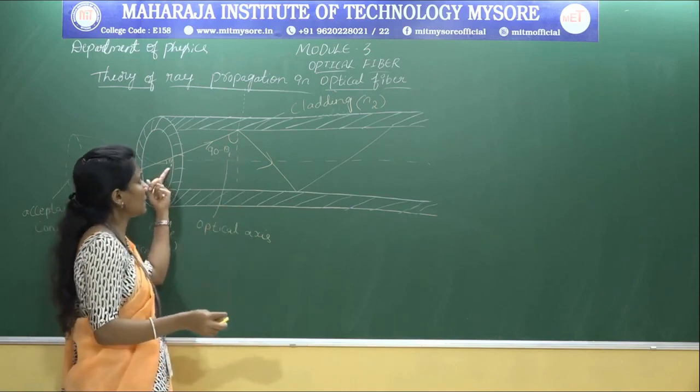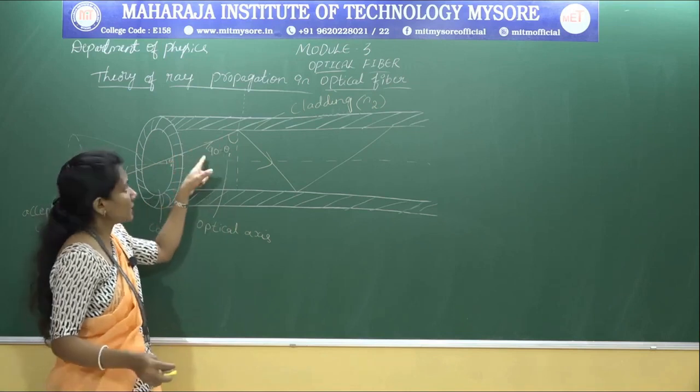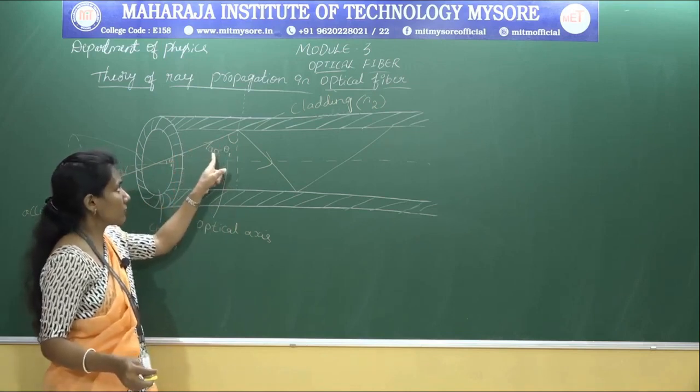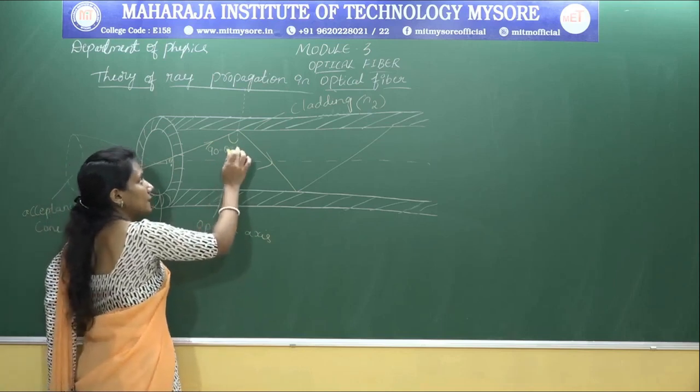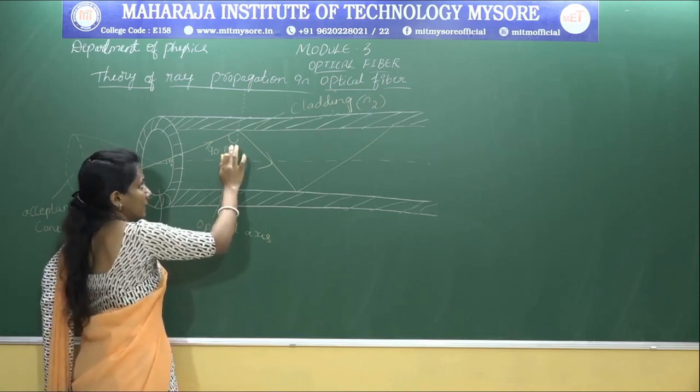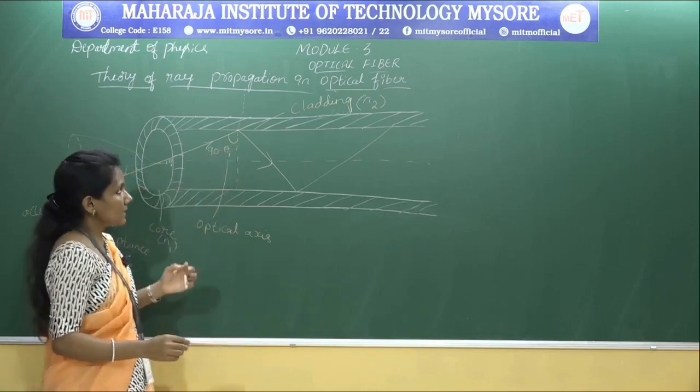So this is theta 1, and this is the first quadrant, that will make an angle of 90 minus theta 1. So that is equal to the critical angle. That 90 minus theta 1 is equal to the critical angle.